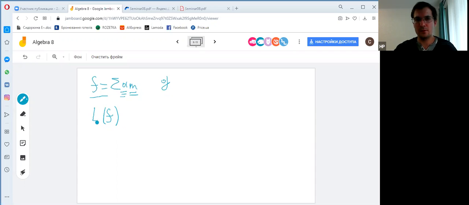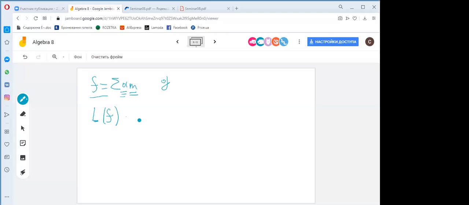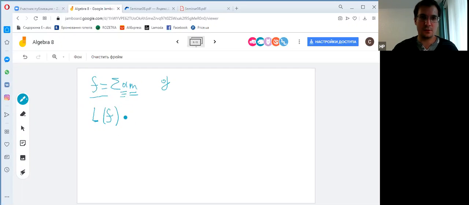Have you some denotation for the leading form of polynomial f? Okay. I don't remember such a thing. We say that the leading form is, for example, a multiplied by m, if m is bigger than all other monomials which are in polynomial f with non-zero coefficients.